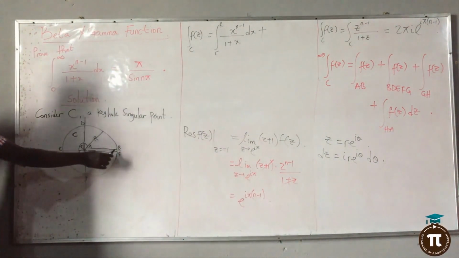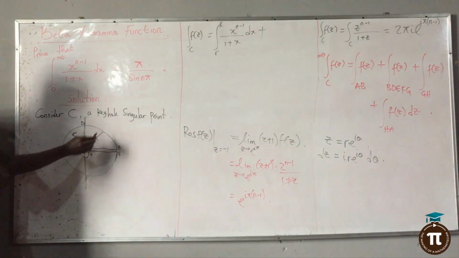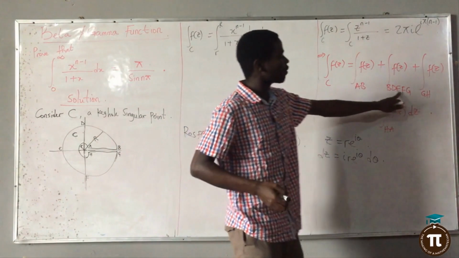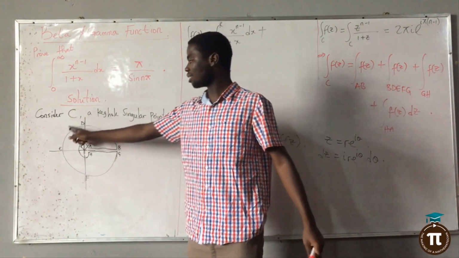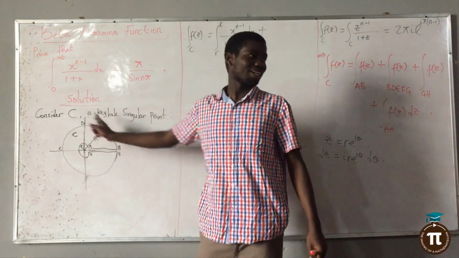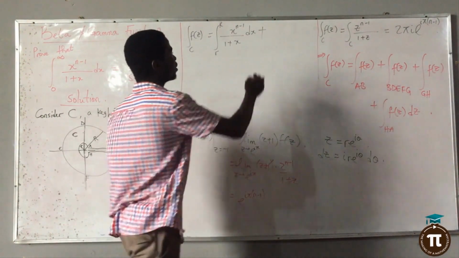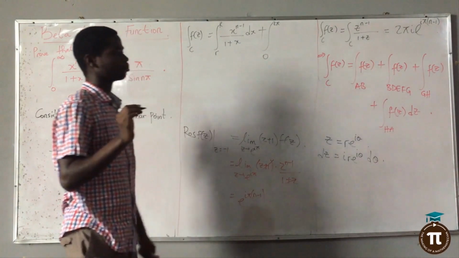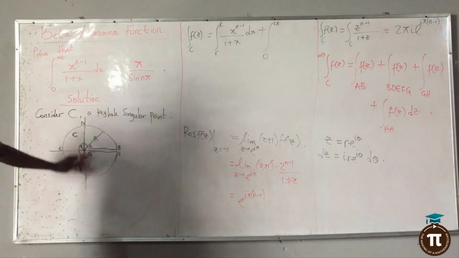You can see the boundary is from this small r to this capital R, plus now I have a full circle B, D, E, F, G. That's a complete rotation, so the boundary will be from 0 to 2 pi.